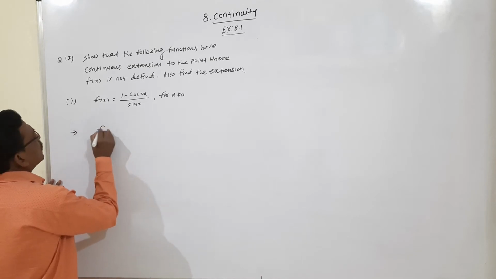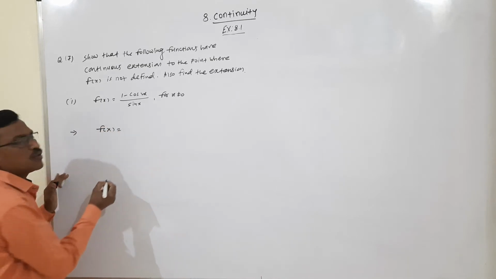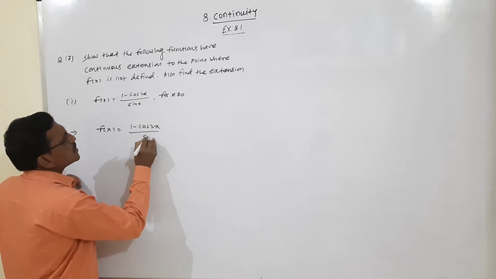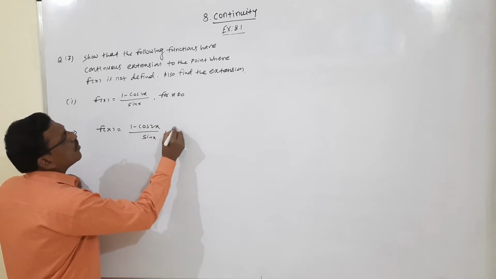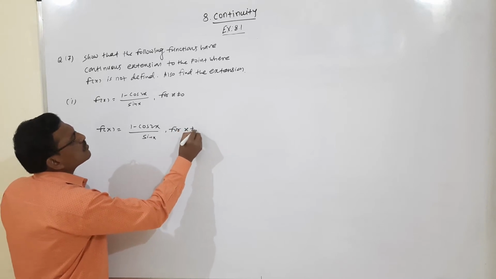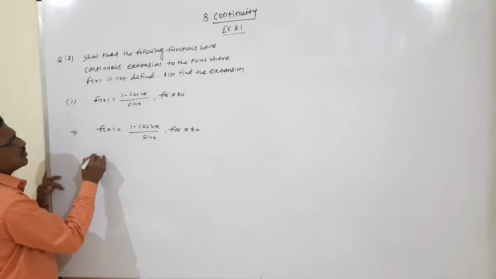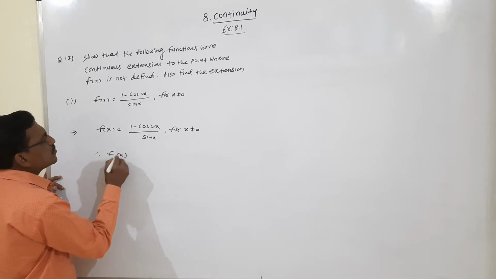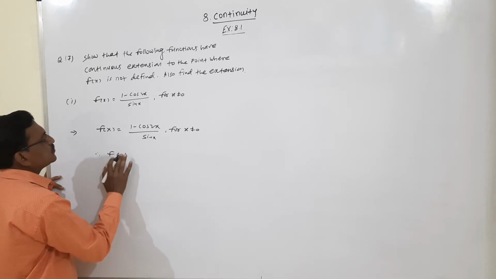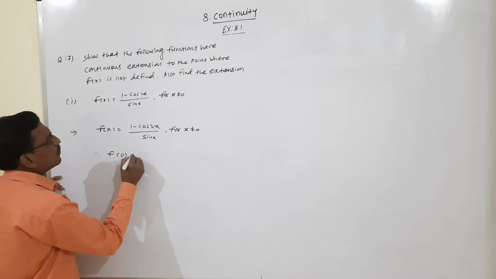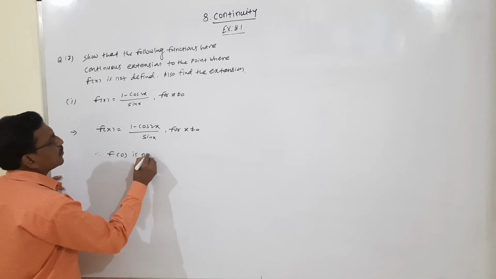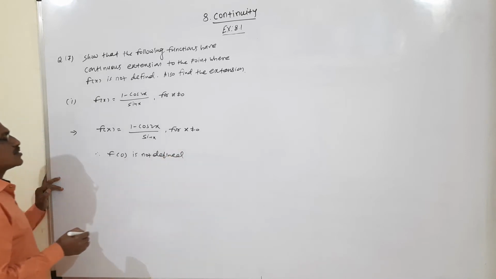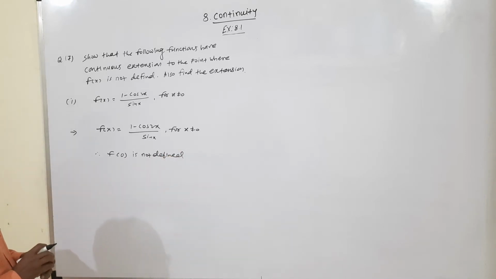So the given function f of x equals 1 minus cos 2x divided by sin x for x not equal to 0. Therefore, it means that f of 0 is not defined. And so we check the limit.